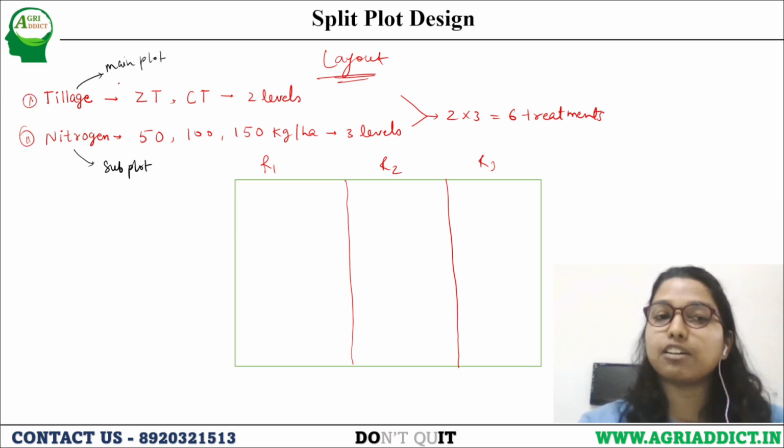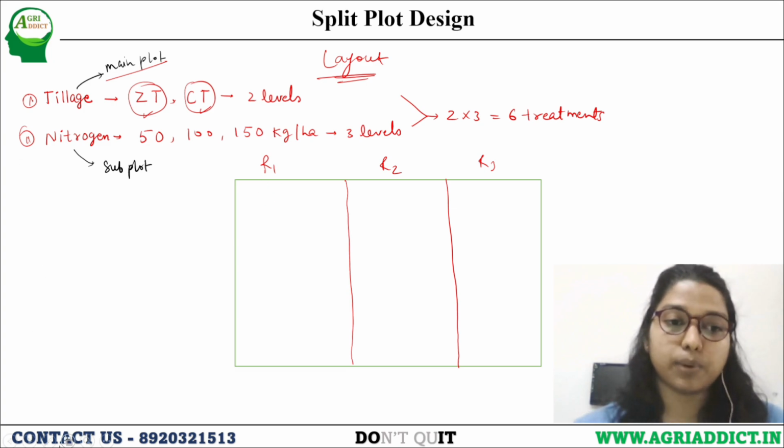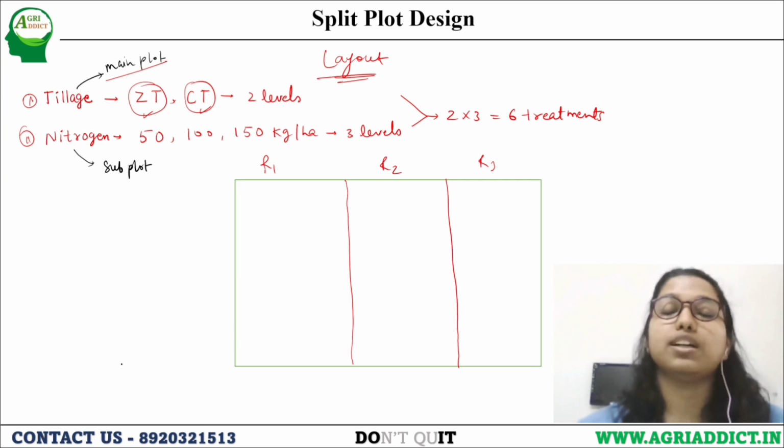As tillage is a factor which requires a large plot, it will be the main plot factor. So we have two main plot factor levels, that will be zero tillage or conventional tillage. Okay, 2 levels are there. So first what we'll do, let me change the color of the pen so it will be easy for you to understand.